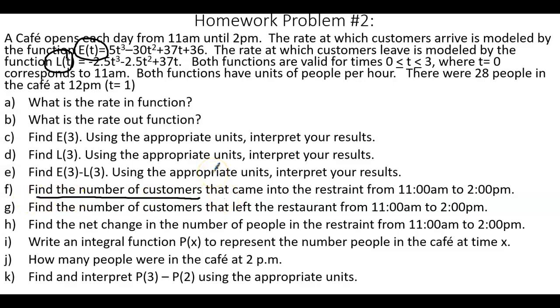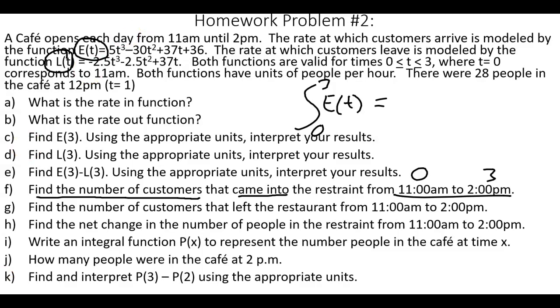And when you want a total amount, then you're going to be integrating. Now they want to know how many people came into the restaurant, so I would be integrating the E function there. And since I'm going from 11 a.m. to 2 p.m., 11 is t equals 0 and 2 p.m. is t equals 3. So that means we're integrating from 0 to 3 with our E function.